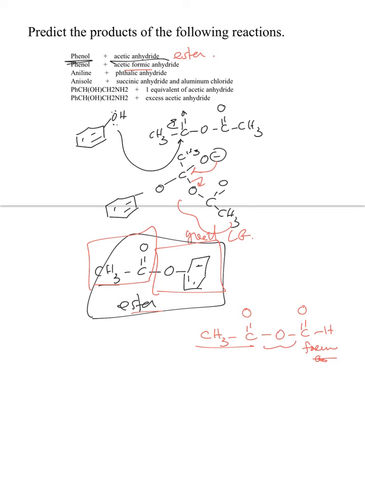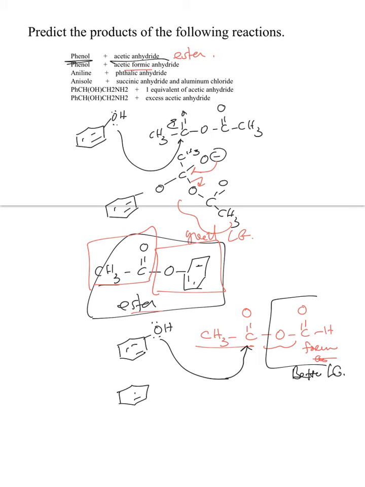Okay, and that's what makes the anhydride. And so this time if you have phenol, you've got to decide which one's going to be the better leaving group. So this is going to come and attack one of these carbons. And I'm thinking this is going to be your leaving group. And you're going to form an ester once again.